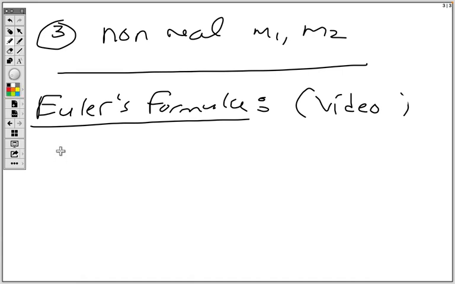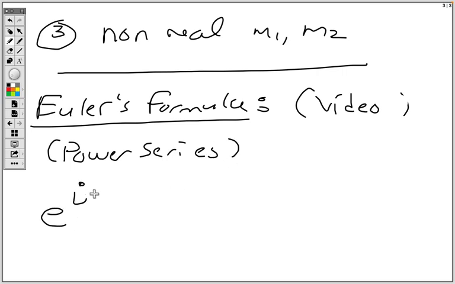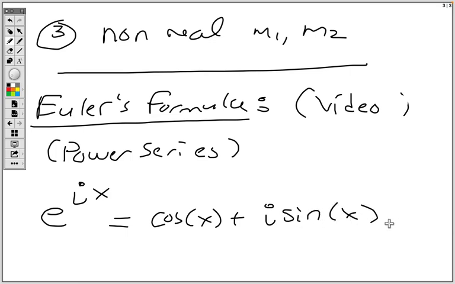So it's everyone's favorite power series. Basically, Euler's formula says that e to the ix is equal to cosine of x plus i times the sine of x.